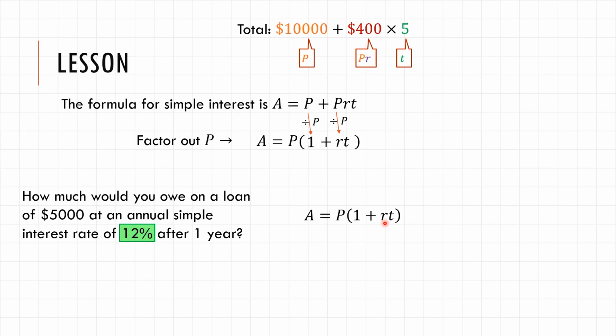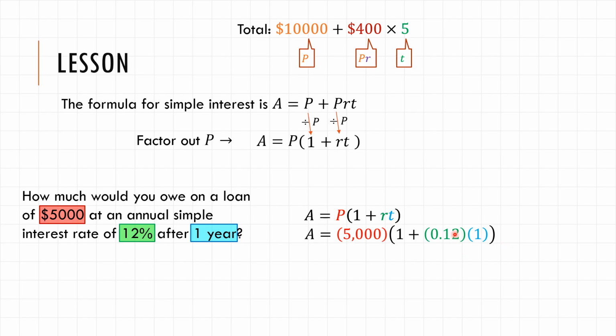I know the interest rate, that's 12%. The term is the number of years. That's only 1 year. And so if I take these variables and plug them into my formula, I would get 5,000 times 1 plus 0.12, that's 12% as a decimal, just divided by 100, times t, which is just 1 year.